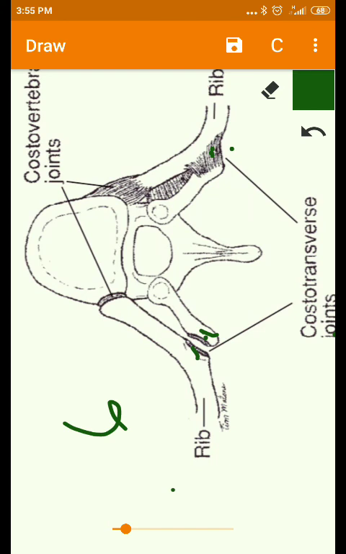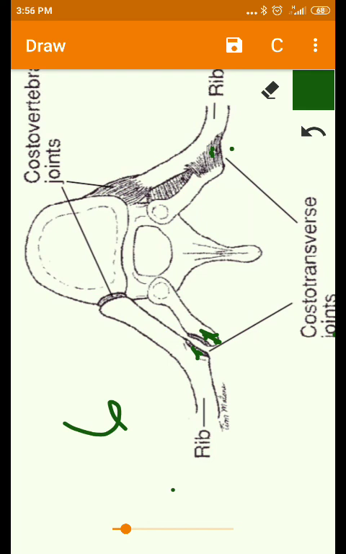From the 7th to the 10th, both the articulating facets are flat, which helps in gliding movements. That means up and down movements, called gliding movements, for bucket handle movements of the lower ribs. Those pump handle and bucket handle movements we can see in the movements of the thorax.